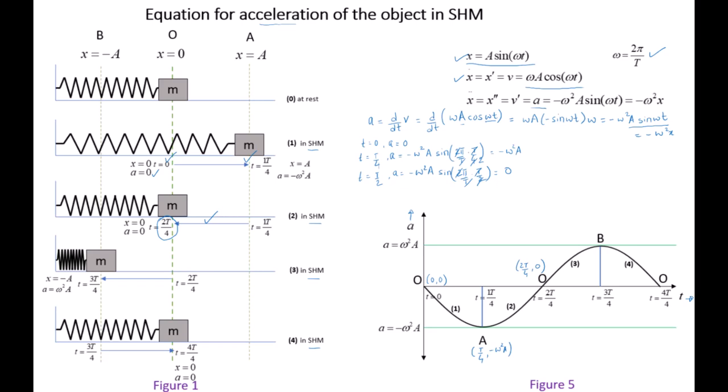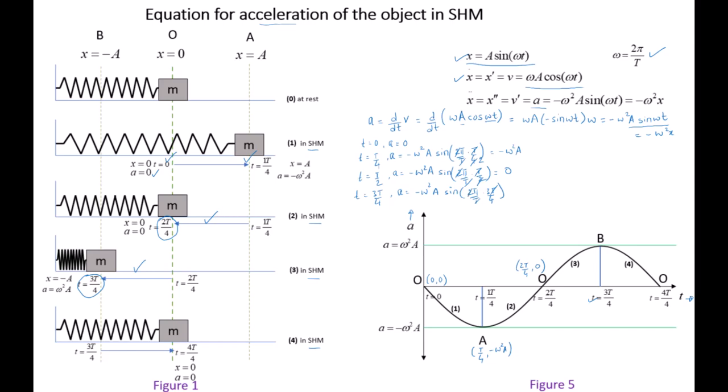After this, it will be moving from the position O to the position B, which is represented with step number 3. And at time t equal to 3T over 4, it will be at point B. So let's see, at time t equal to 3T over 4, what's the value of acceleration? Acceleration will be minus omega square x, and x is given by A sine omega t, which is 2 pi over T times 3T over 4.